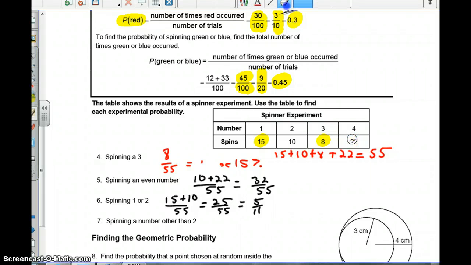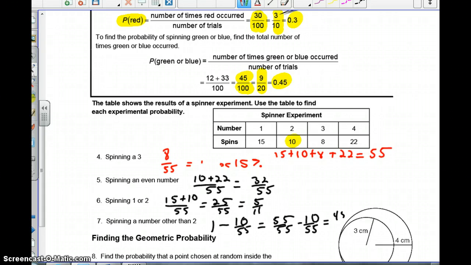Or you could say, okay, what if I had the probability of getting a 2, which is 10, and since we know that all probabilities add to be 1, you could take 1 minus 10 over 55, which is 55 over 55 minus 10/55, which is 45 over 55, which reduces to 9/11.